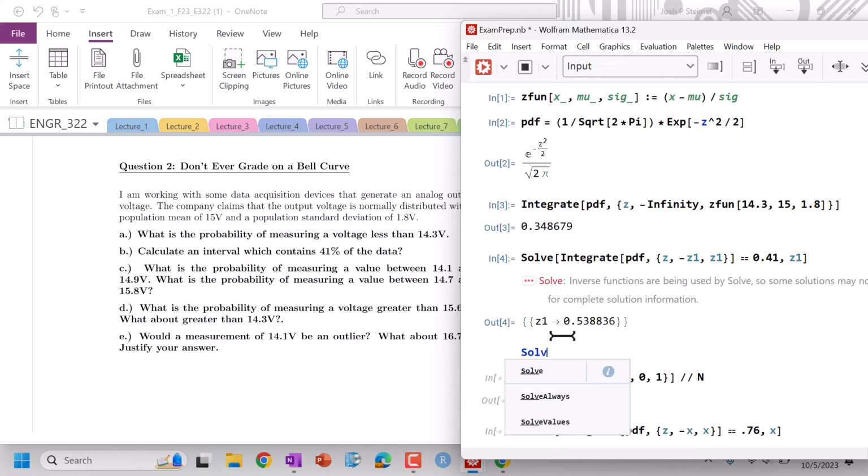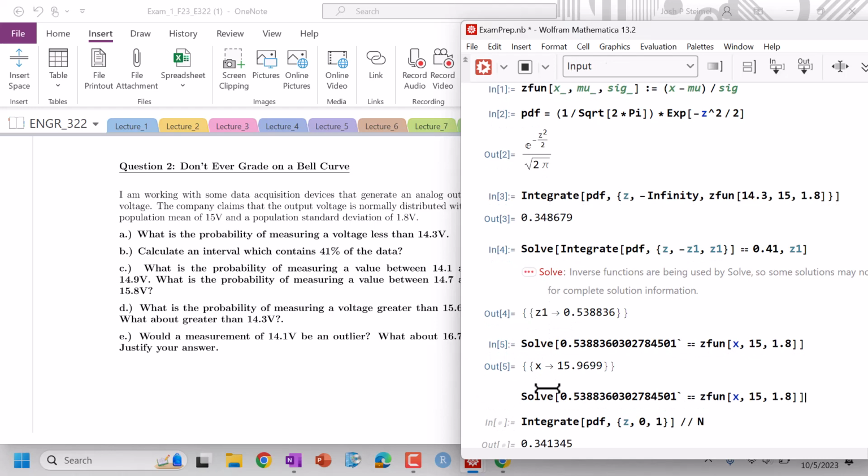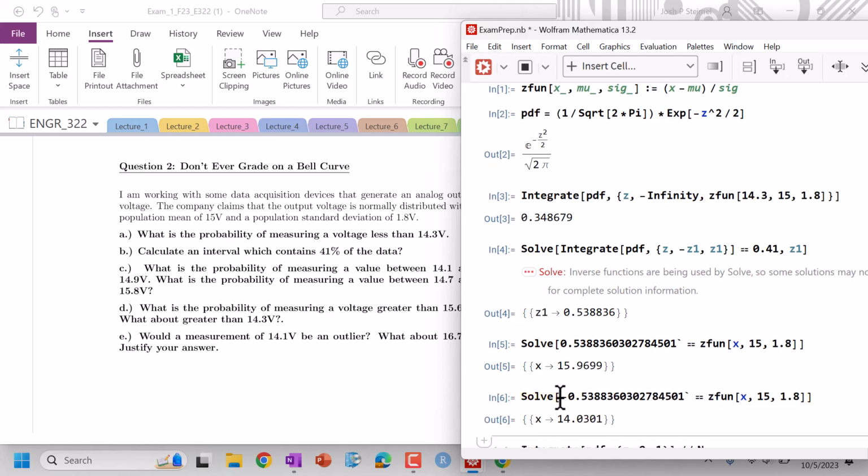So now I solve this equals z function of x. My mu is 15. My standard deviation is 1.8. So that would be one value here. This would be another value here where we put minus. There we go. Those are the bounds.